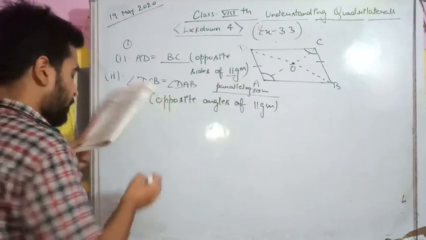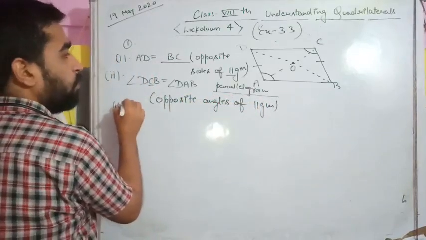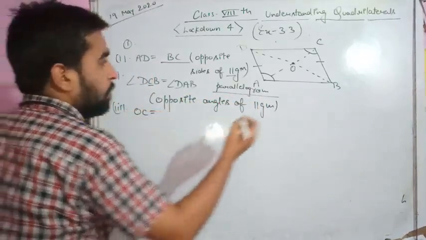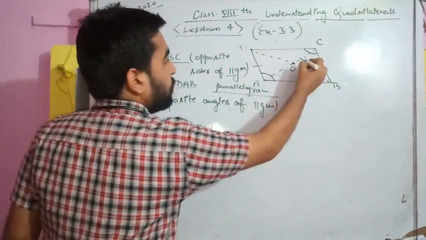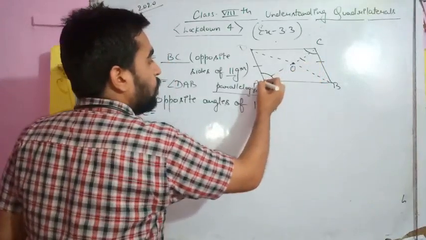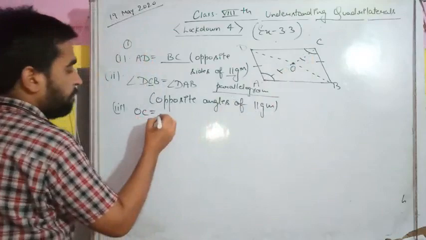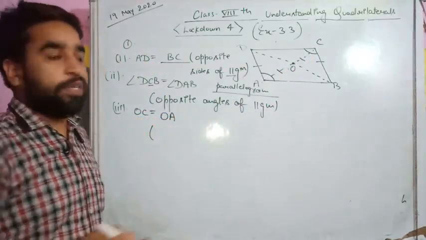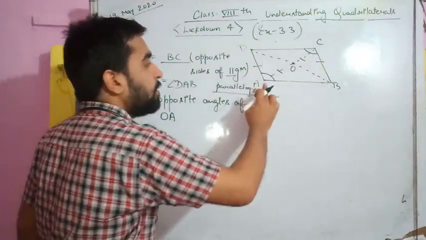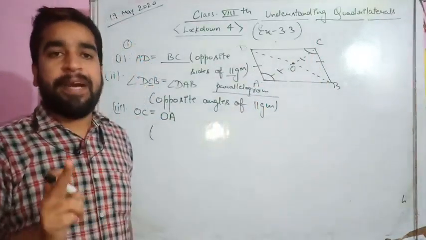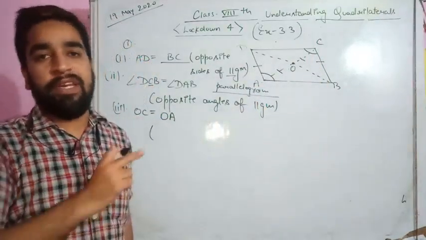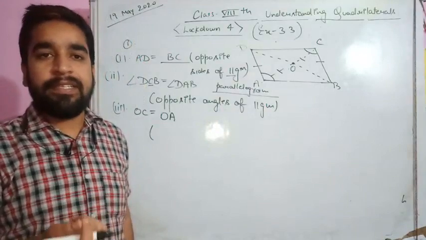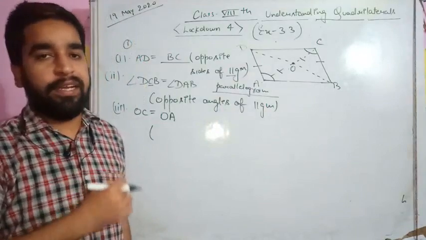Similarly, students, they are asking the third one: OC is equal to what? OC will be equal to OA. Why will OC be equal to OA? We have to mention the property. As you can see, the diagonals of a parallelogram bisect each other equally. Bisecting means they will be divided equally.